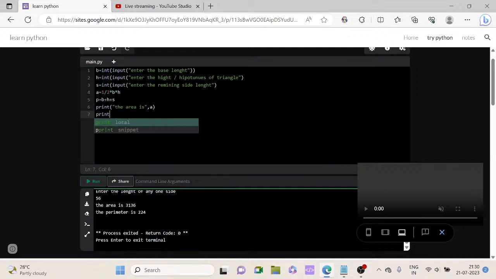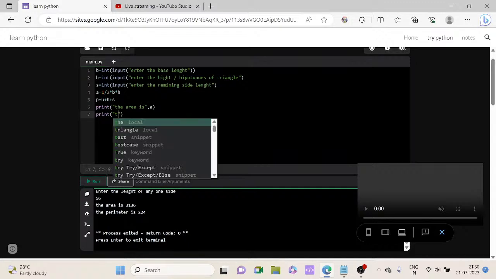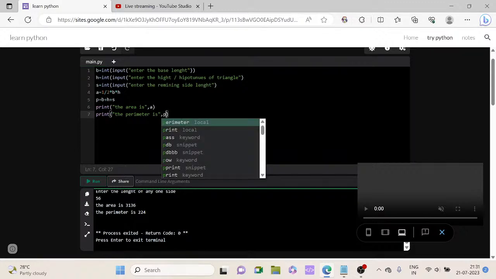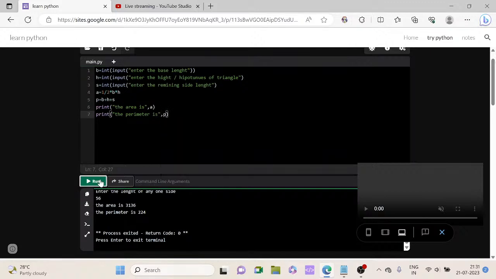Next thing, print, bracket, the perimeter is, comma p. Okay, so p is the perimeter, so area and perimeter are okay. So now let's run this program. I will run it again.